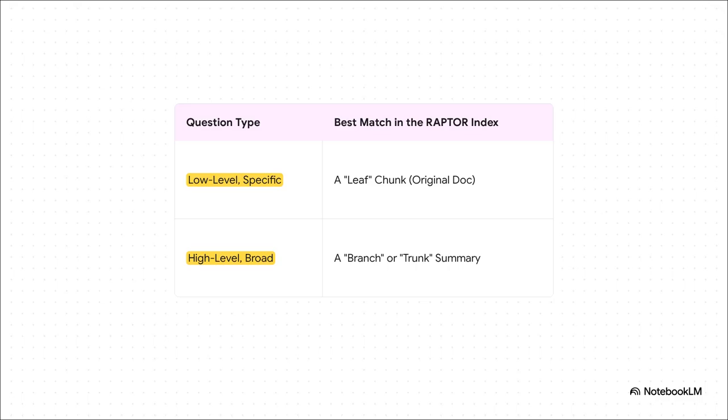So, if you ask something really specific and low level, the search is probably going to find a perfect match with one of those leaf chunks from the original text. But if you ask a big, broad, high-level question, it's going to be a much better semantic match for one of those branch or trunk summaries. The end result? You get way better semantic coverage across the board.